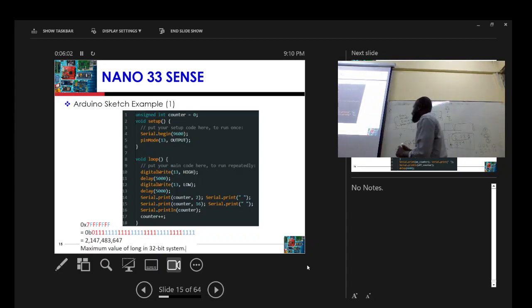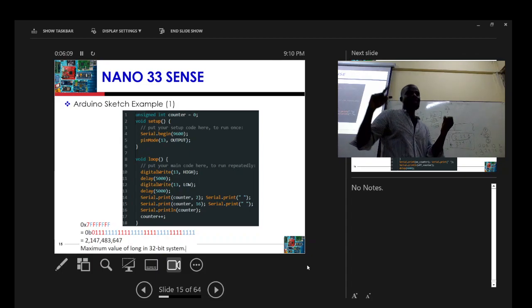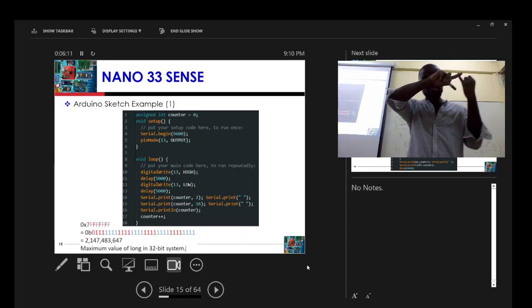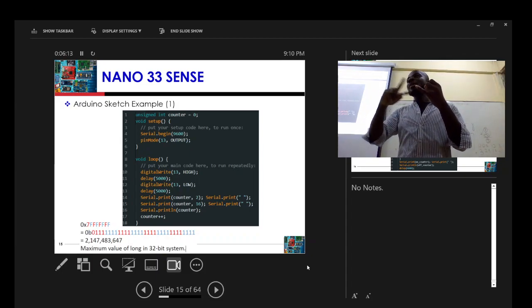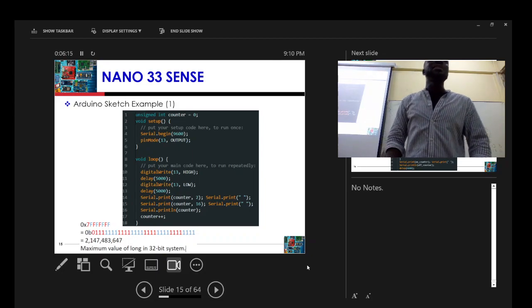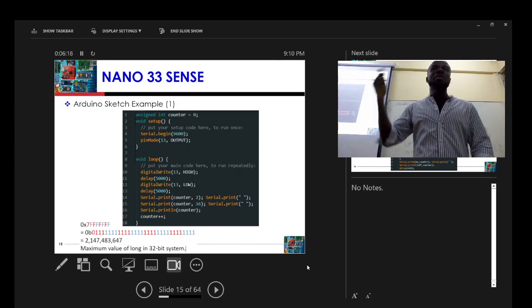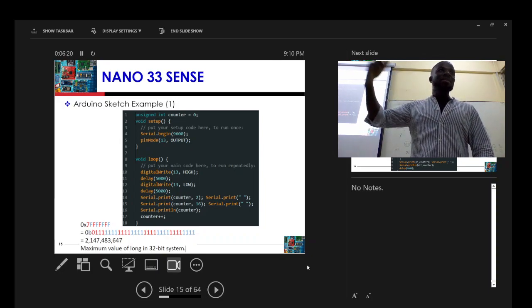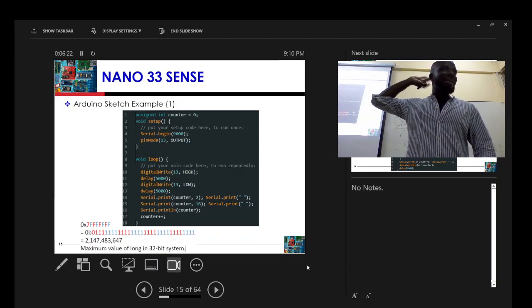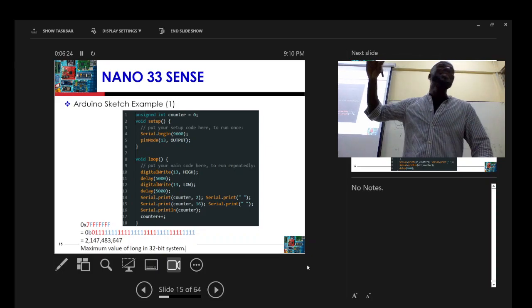So you see that numbers can be represented as integers. You guys have learned the bases of numbers before: base 2, base 8, base 10.